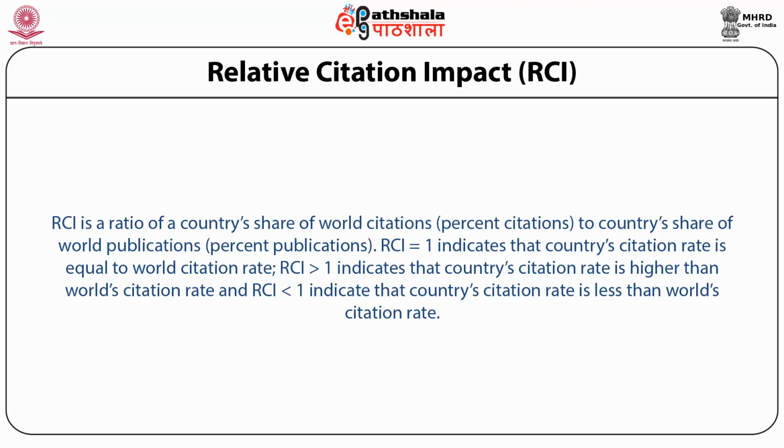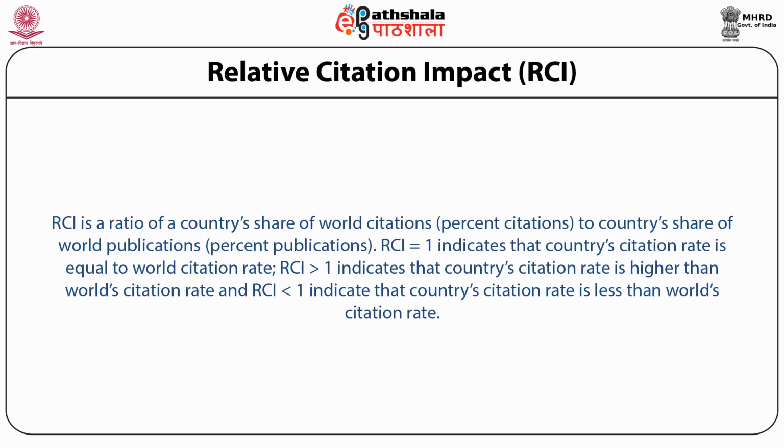RCI equal to 1 indicates that the country's citation rate is equal to the world citation rate. RCI greater than 1 indicates that the country's citation rate is higher than the world citation rate.